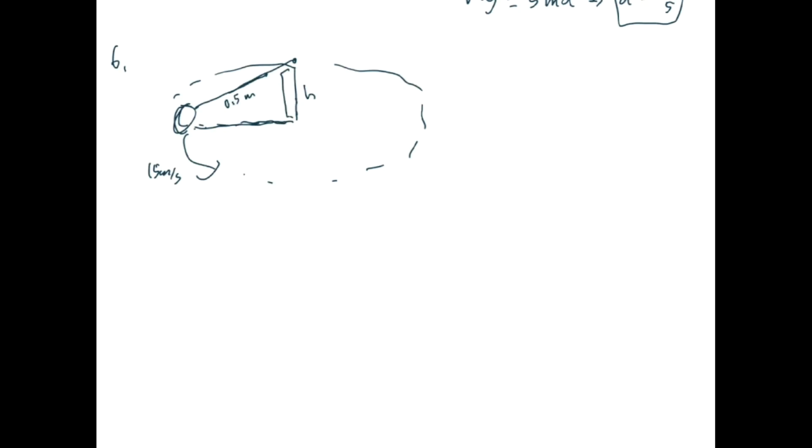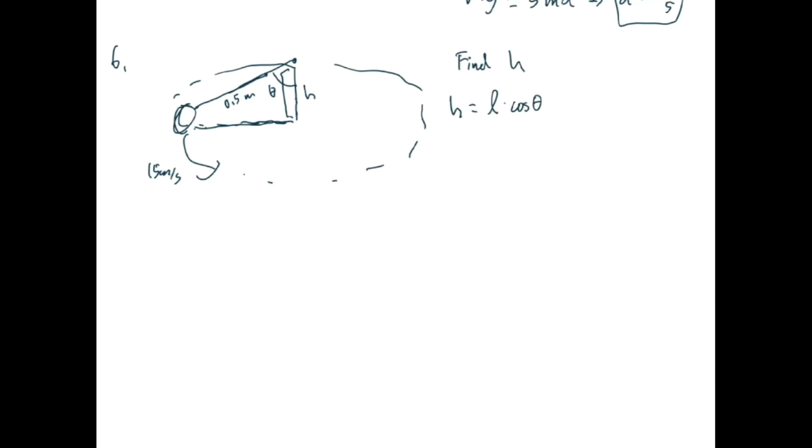So how will we approach the problem? Well, first we would want to find this angle theta here. And from there, we want to find the height. And we know that the height is the length of the rope, L, times cosine theta.